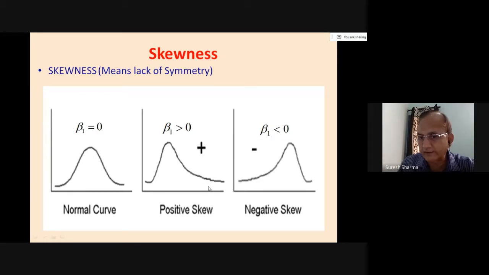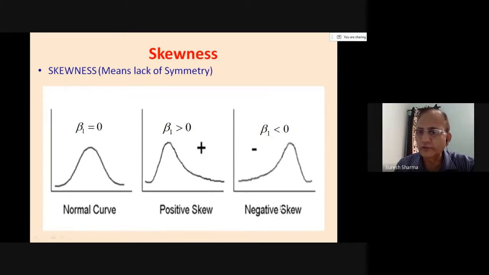If the area on the right-hand side is more, then we say that your data is positively skewed. If it is the other way around, with the area on the right-hand side less and the left-hand side more, then we say that it is negatively skewed.